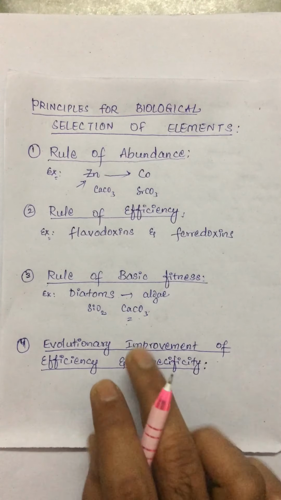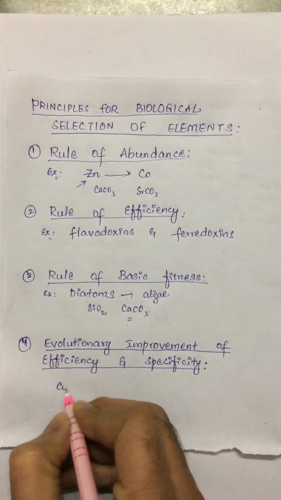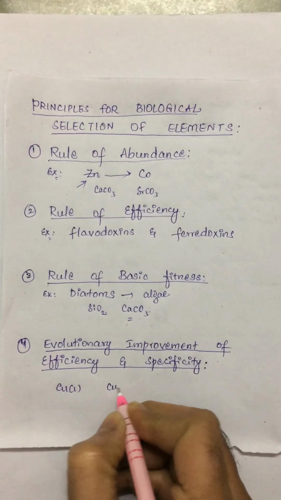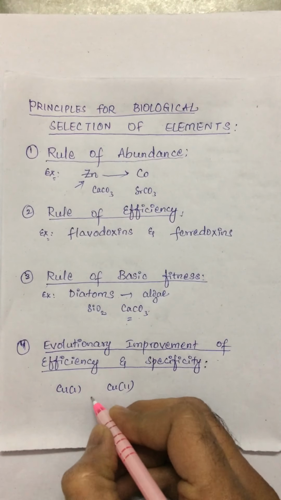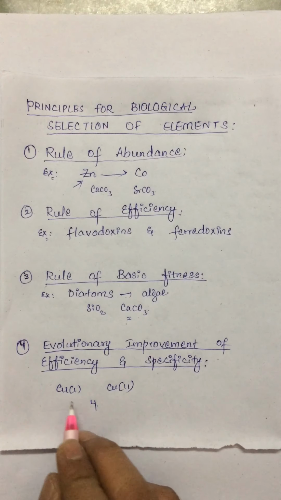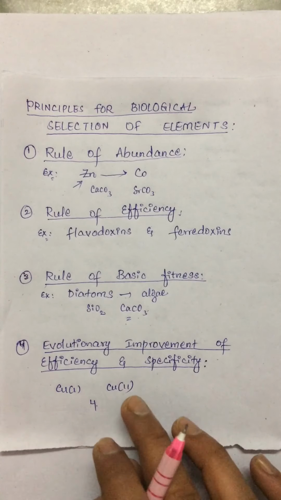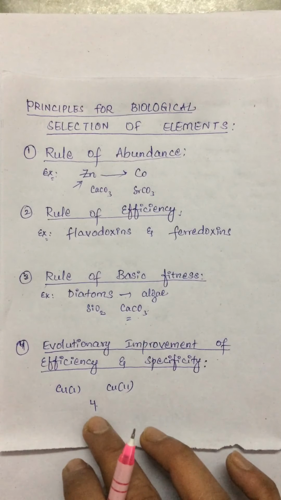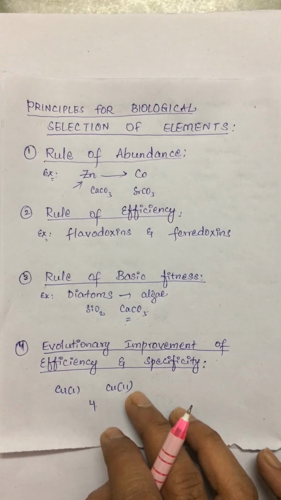To explain this, let me take a small example. Copper 1 and copper 2. Let me take a coordination number of 4. For coordination number 4, copper 1 will form a stable tetrahedral geometry. But if we go towards copper 2, for that same coordination number 4, it will prefer a square planar geometry.